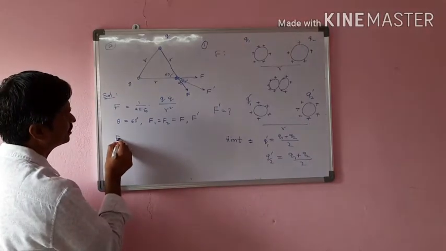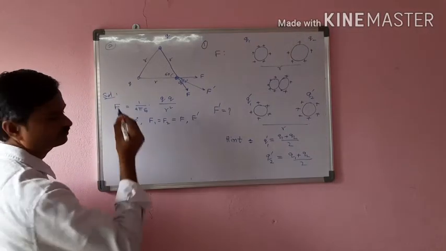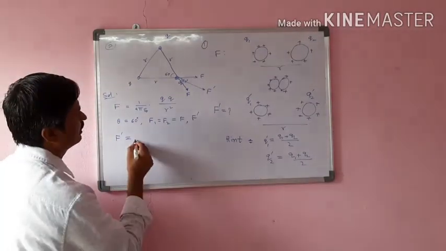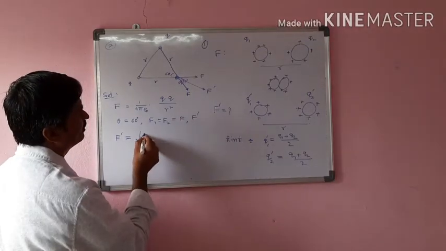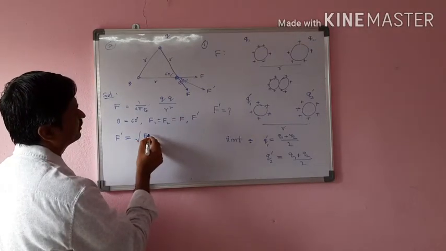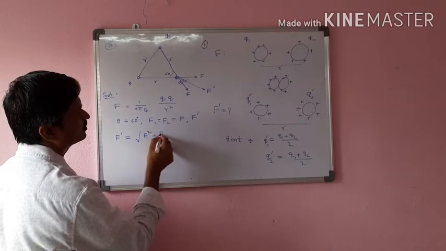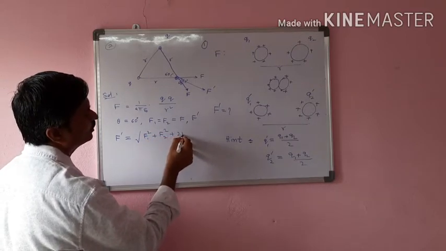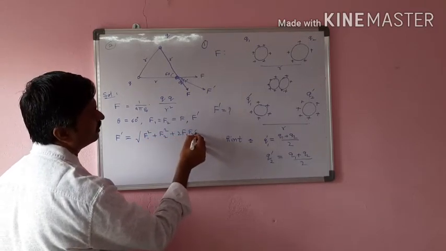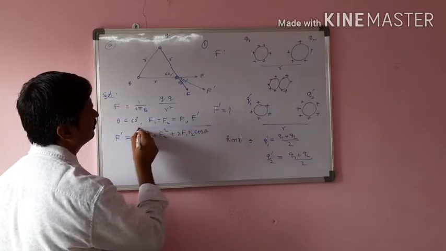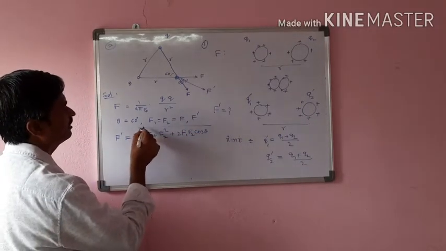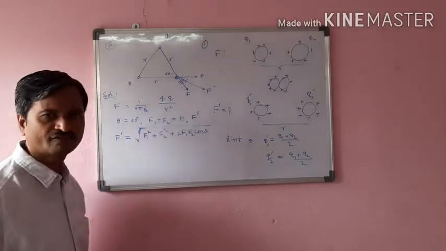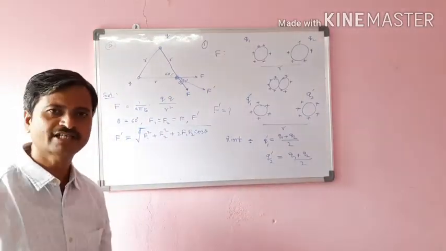Then F dash is equal to square root of F1 square plus F2 square plus 2F1 F2 cos theta. This is the formula from the parallelogram law of vector addition, which we studied at intermediate standard.